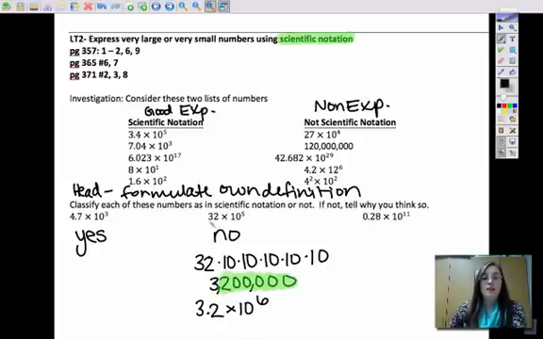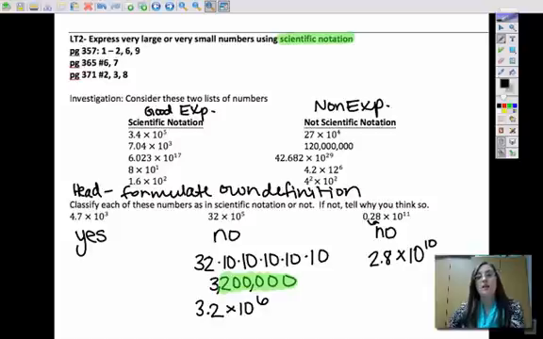So 32 times 10 to the 5th, which is the same as 3,200,000, I would write as 3.2 times 10 to the 6th power. Next part, also not scientific notation, the 0.28 is too small. So it would need to be something like 2.8 times 10 to some power. Since I've already got one value taken care of, I would multiply 10 times.